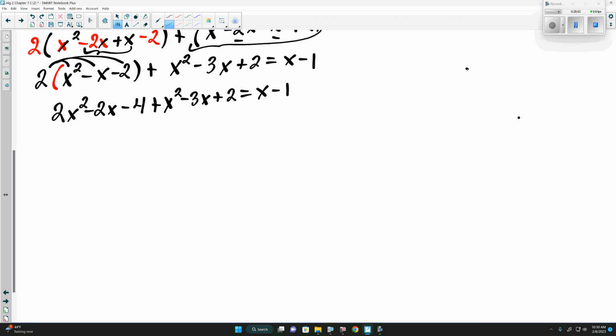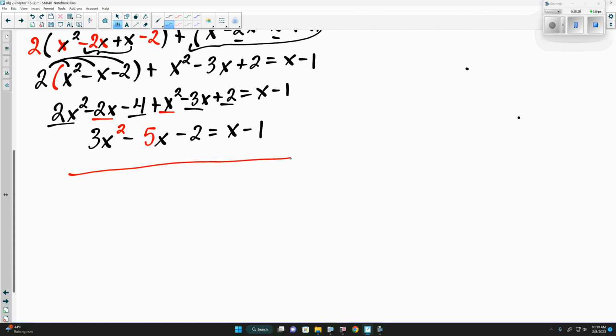Now at this point here, we can combine like terms. 2x squared plus x squared is going to be 3x squared. Negative 2x minus 3x is negative 5x. And negative 4 plus 2 is negative 2. Now that we do have both sides of this equation as simplified as we can get them, we do need to get it equal to 0.